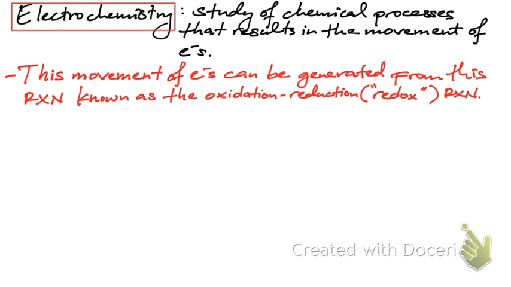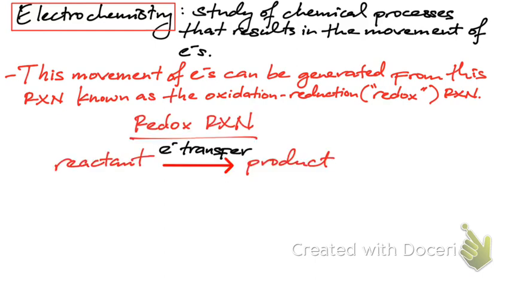This reaction involves the transfer of electrons from one substance to another substance. It could be from a reactant to the product, or from product to the reactant, and vice versa.